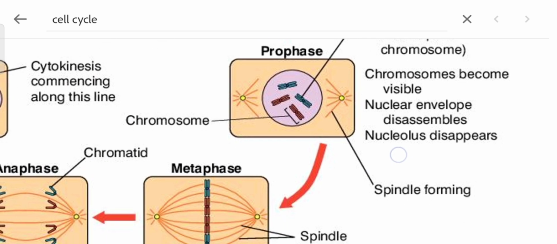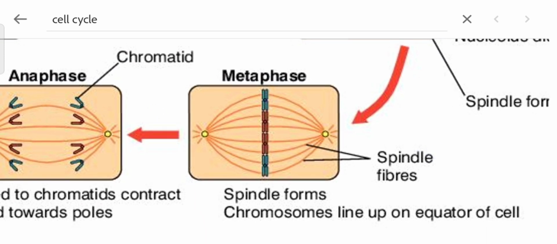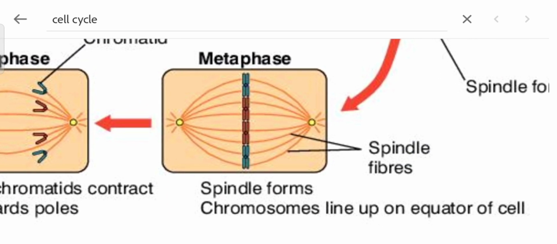Now, we go ahead and look at our next stage, and that is metaphase. During metaphase, there are a number of things that we usually note. In metaphase, you can clearly see from the screen that all the chromosomes which were scattered all over.